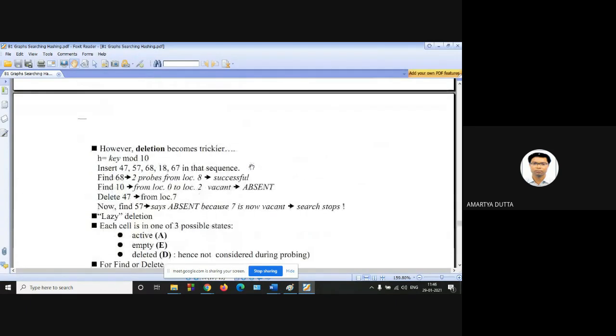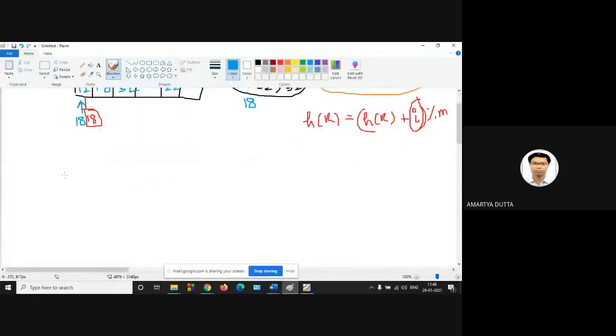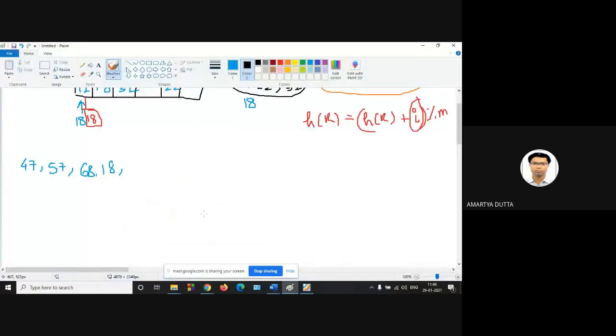Let the elements be 47, 57, 68, 18, and the last one is 67.